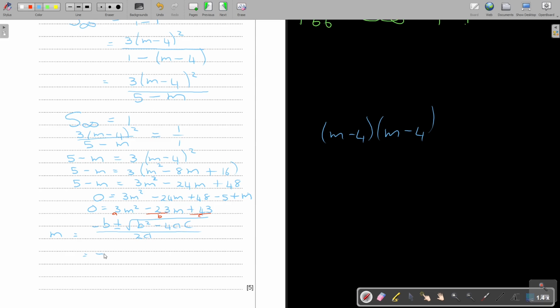So it's, don't forget, negative 23 plus or minus the square root of negative 23 squared minus 4 times a, which is 3, and b, which is 43, over 2a.